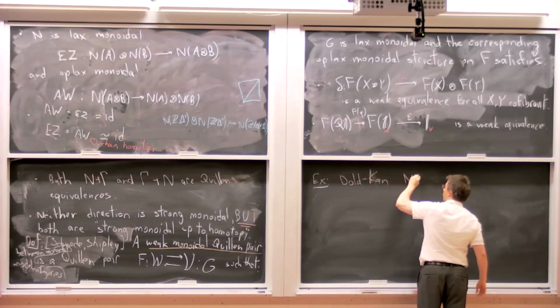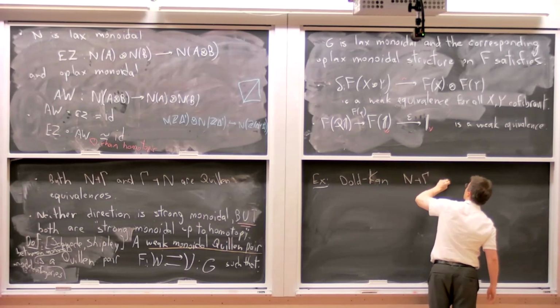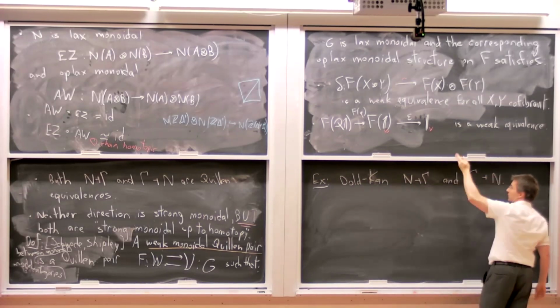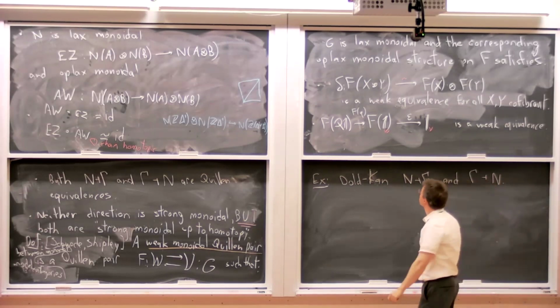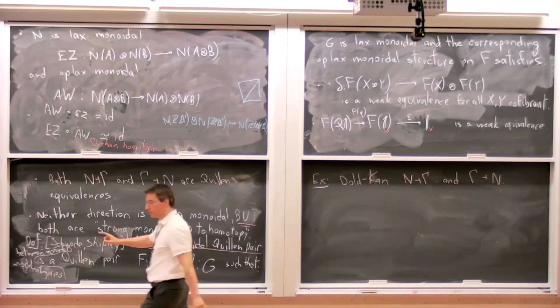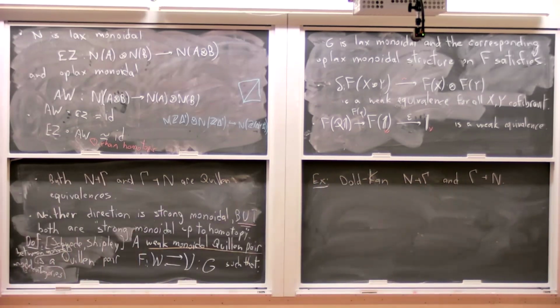Both thinking of the normalization, this left adjoint, and thinking of it as a right adjoint. Both will satisfy this definition. All right. So that's the setup for the question we want to look at.